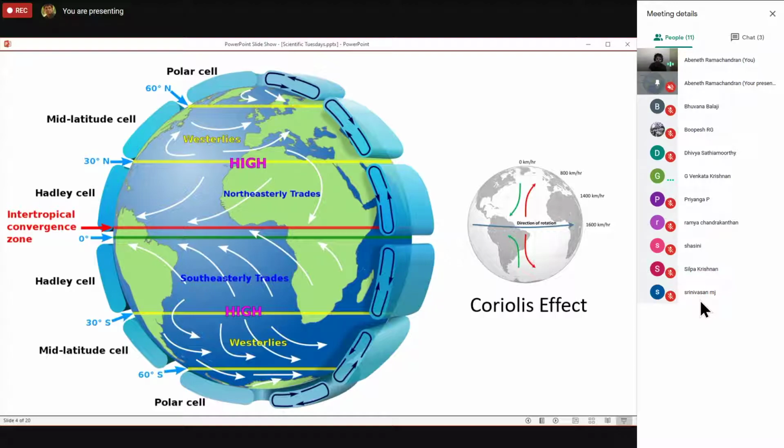What is the Coriolis effect? If you take a tumbler of water, put some leaves in it, and keep it stationary north of the equator, say we are in India, and put a hole in the bottom and drain the water, it will rotate in the clockwise direction. The leaf on top of the water will rotate clockwise.